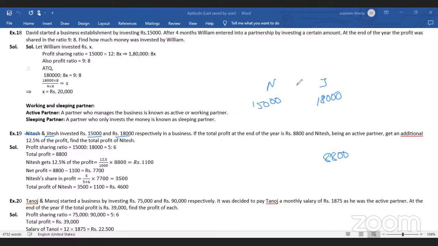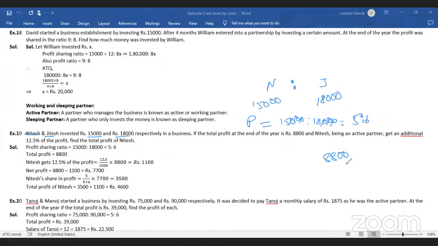Nothing is given. That means the ratio will be based on their investment. So the profit ratio N to J will be 15,000 to 18,000, that is 15 to 18, that is 5 to 6. So Nitesh and Jitesh will get the ratio 5 and 6.